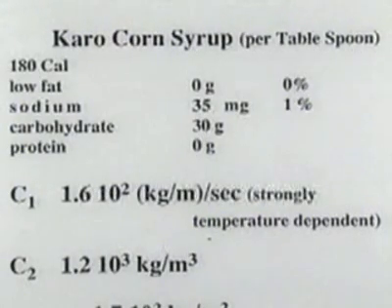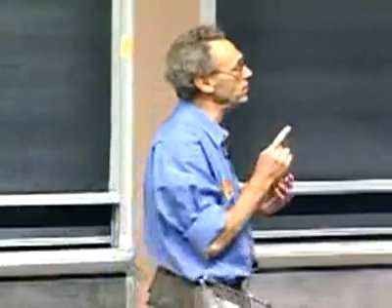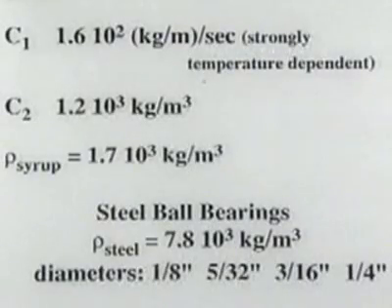I had to know C1, which I measured. In fact, for the kind of demonstration you and I will be doing today, you can derive it, but it's very strongly temperature dependent. It could be different yesterday from today. I measured C2 to a reasonable accuracy. Notice that the density of the syrup in terms of kilograms per cubic meter is very close to C2.